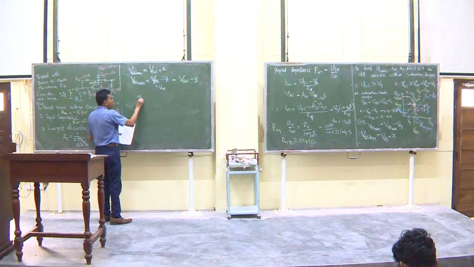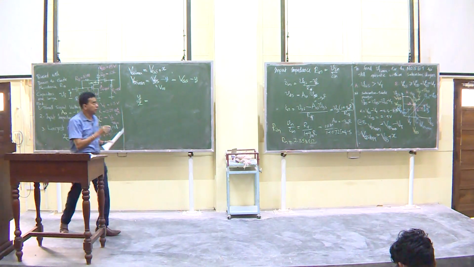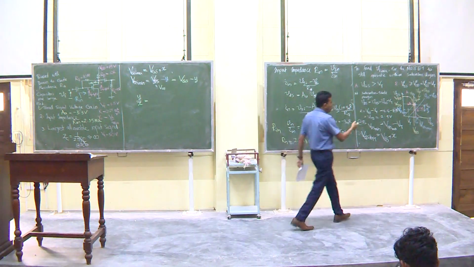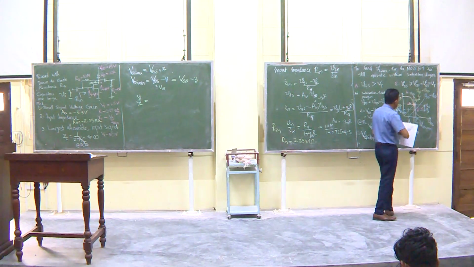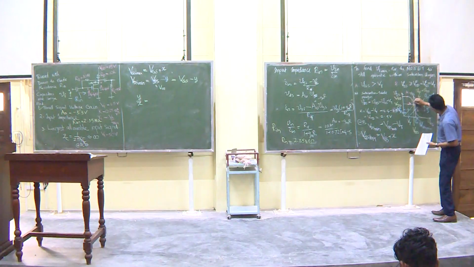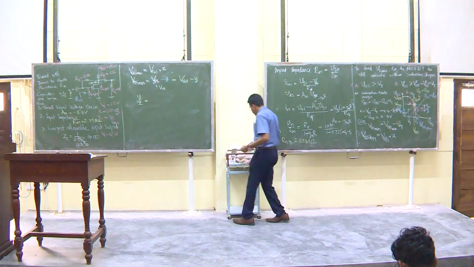But what is y over x? That is the slope of that curve. This is the operating point.